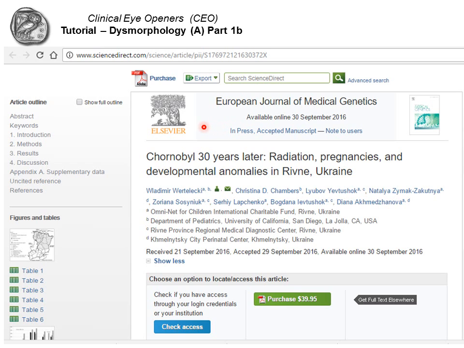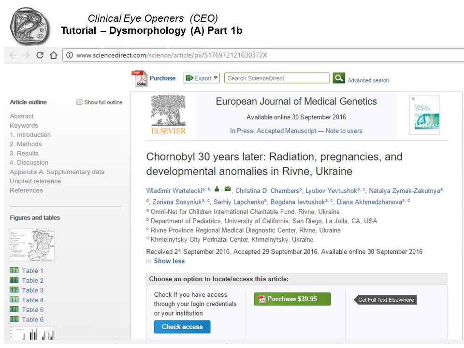30 years later, how is that possible? Chernobyl exploded in 1986. How are these effects perpetuated? The developmental anomalies in Rivne today are still the highest rates in Europe. Not all anomalies, but consistently some specific anomalies.